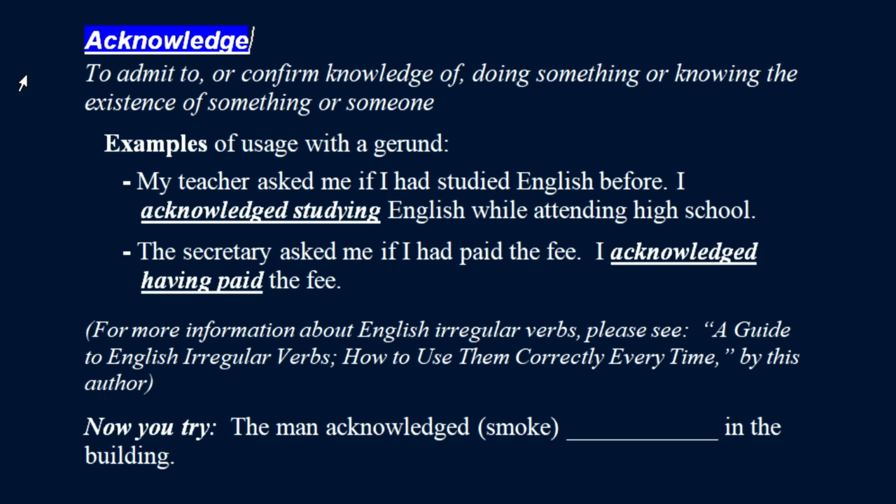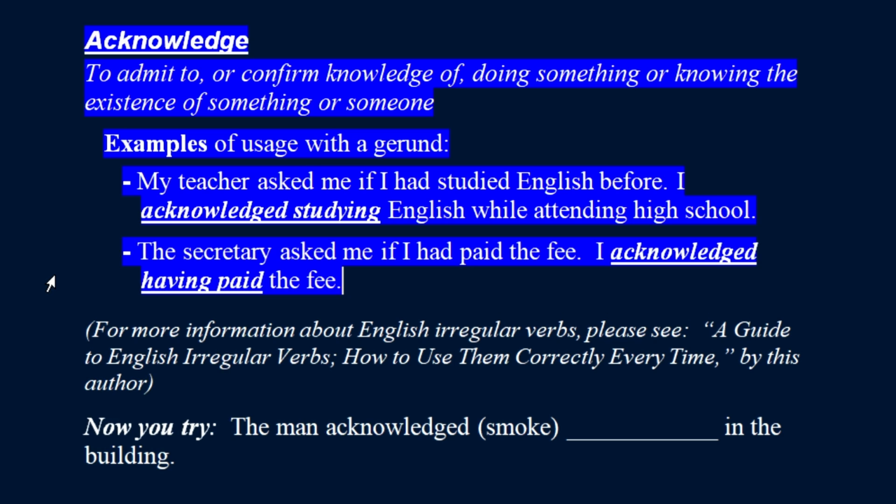Acknowledge. To admit to or confirm knowledge of doing something or knowing the existence of something or someone. Examples of usage with a gerund. My teacher asked me if I had studied English before. I acknowledged studying English while attending high school.